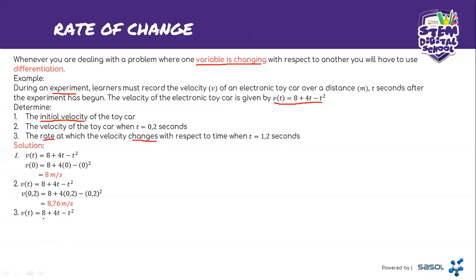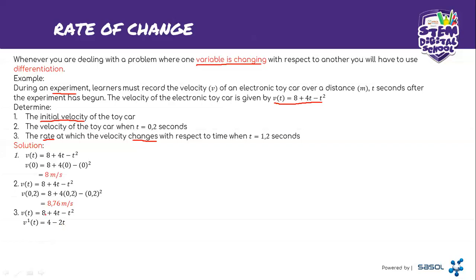You write the formula that we have, then you start deriving it and apply the derivative. After you have applied the derivative, you get 4 minus 2t.